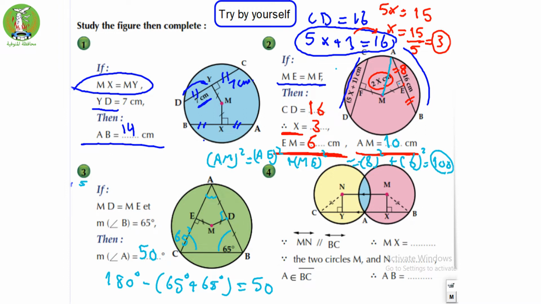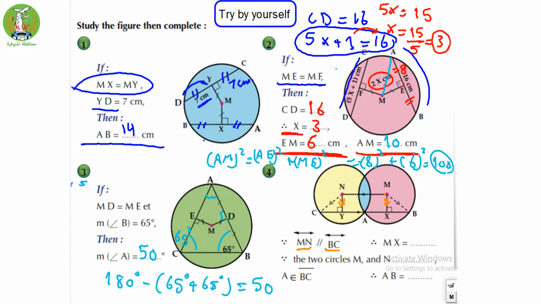Two circles M and N. The two circles are congruent here, but how? Since MN is parallel to BC, since MX is perpendicular to BC and NY is perpendicular to BC, then MX is parallel to NY. So the figure MXYN is a parallelogram, then MN equals XY and MX equals NY.